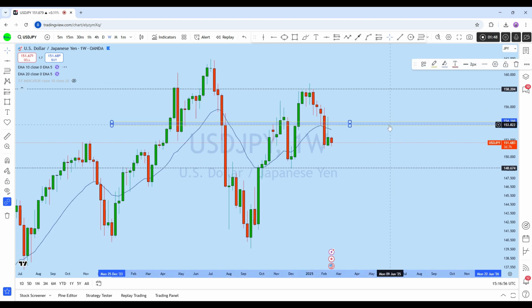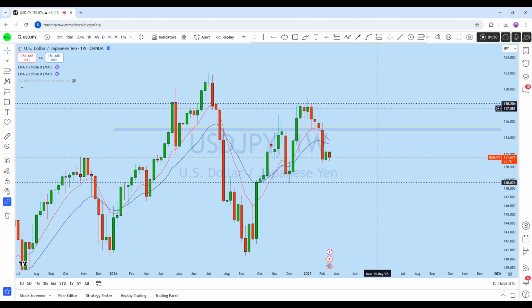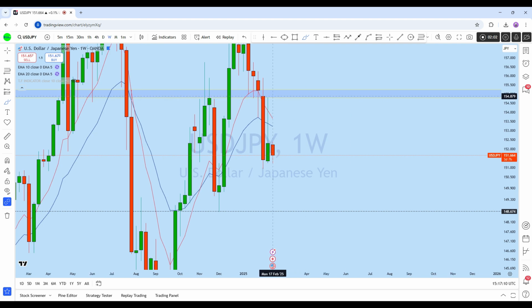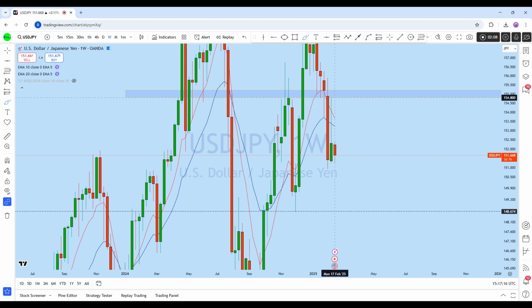Now if we drop down to the weekly, we can see two weekly doji formations here, a long wick candle in that area, and every week the market is forming a series of lower highs from the weekly perspective. Previous weekly candlestick had a strong rejection from the weekly resistance line, which is a sign of strong selling pressure.